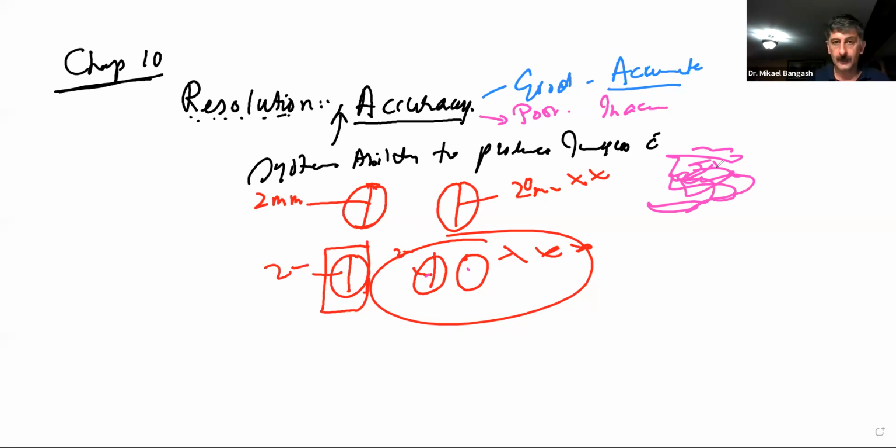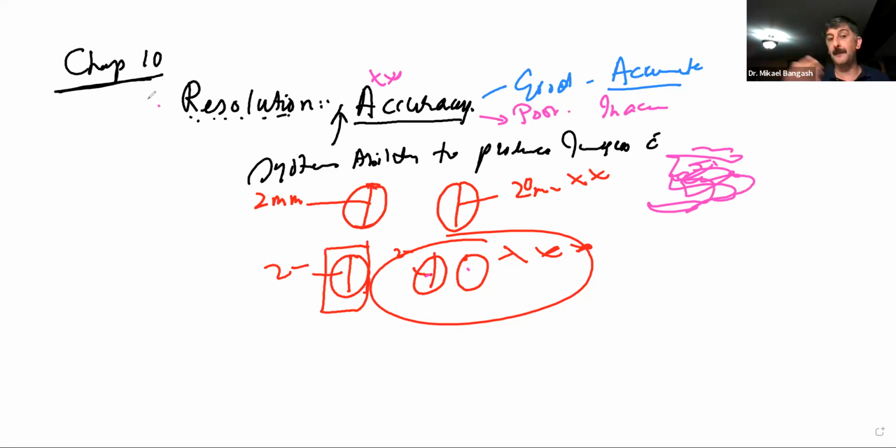So accuracy or resolution doesn't mean quality. You can still have a picture that looks crisp and nice to your eyes, but the information you're getting is not accurate, so you will still have a poor resolution.